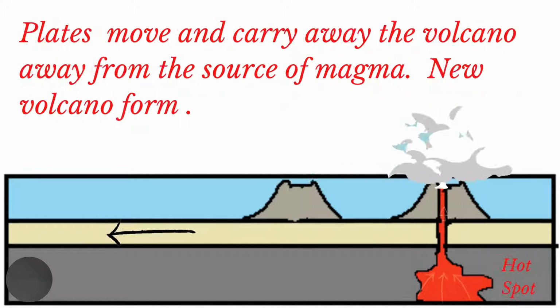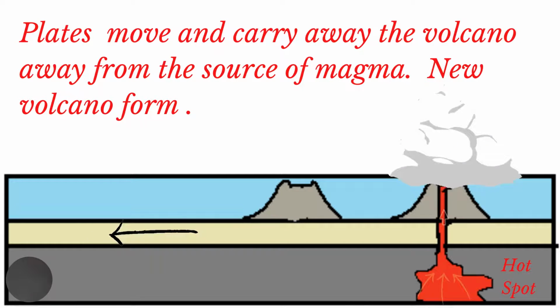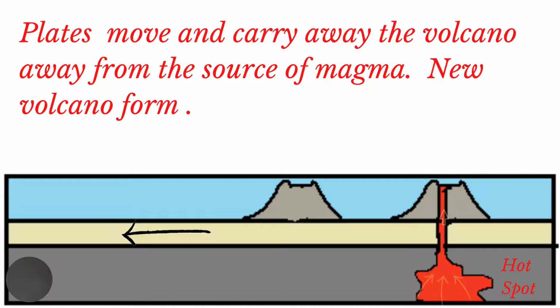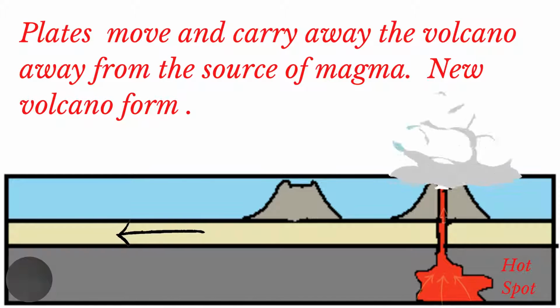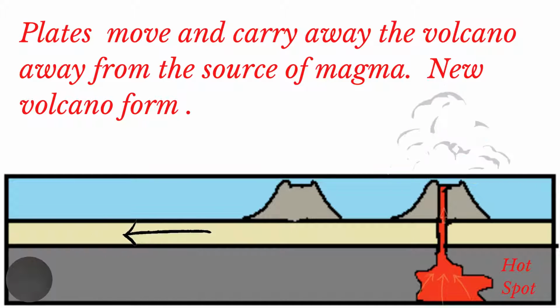So with time, the volcano that is formed over the hotspot will move away from the hotspot because of the plate movement, and a new volcano will be formed above the hotspot.